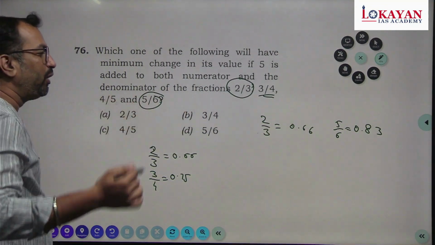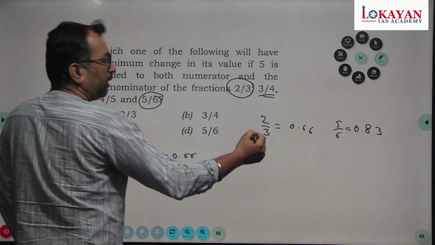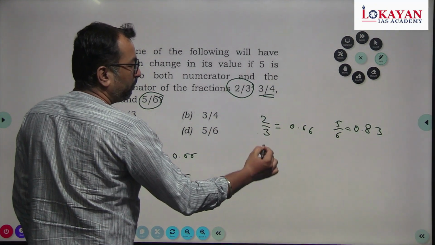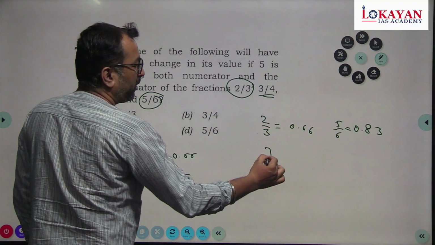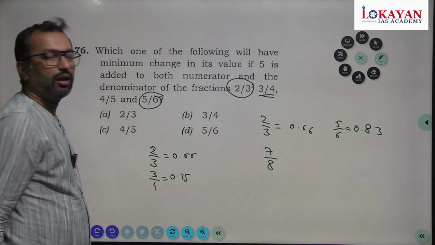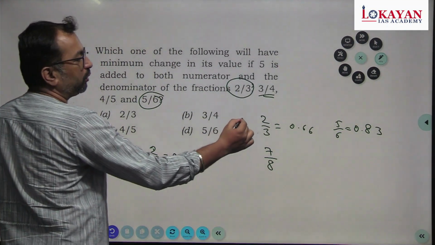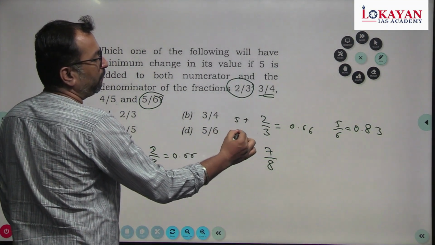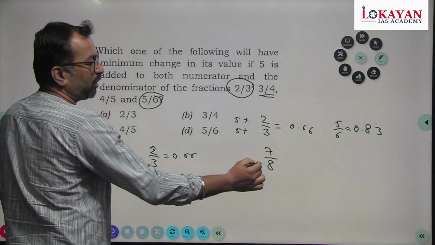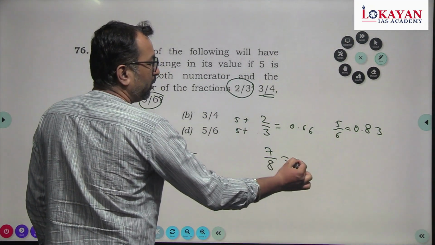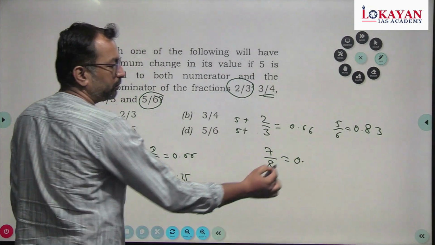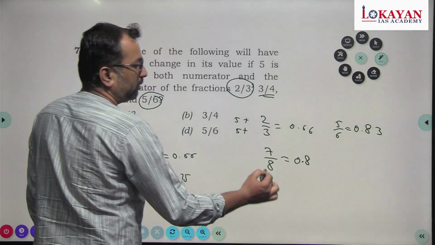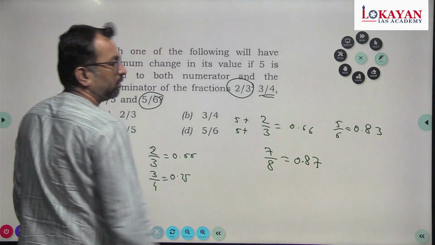Now let's add 5 into both numerator and denominator. The first, 2 by 3, after adding 5 to both numerator and denominator, becomes 7 by 8. So that value becomes 0.87.